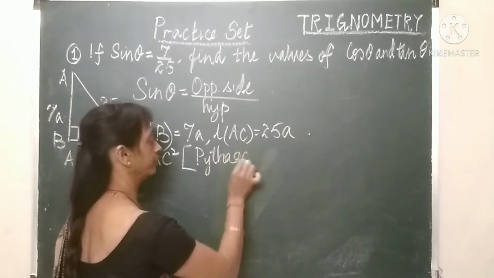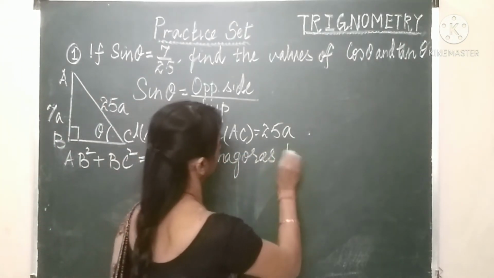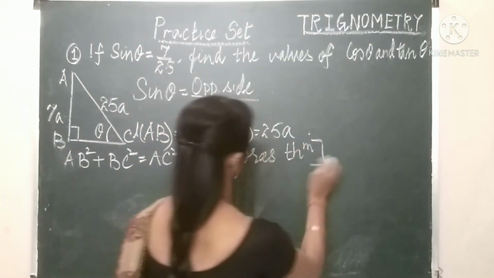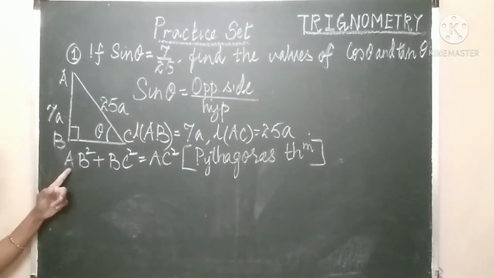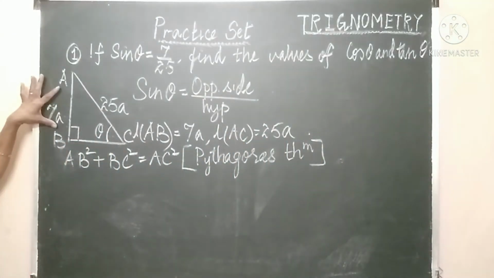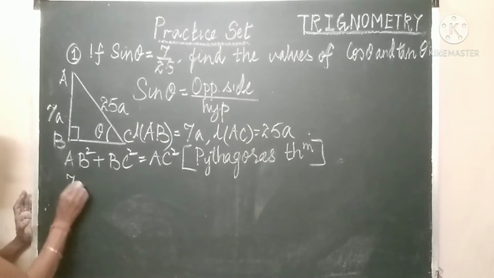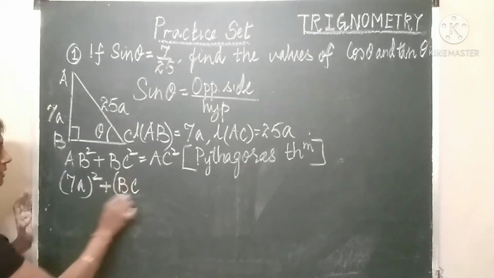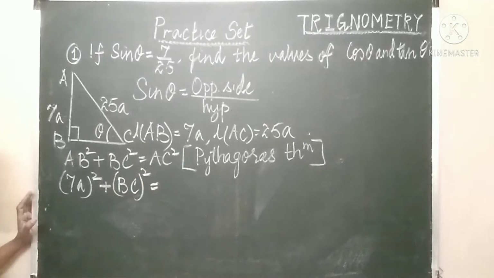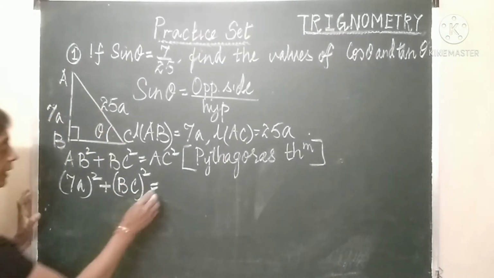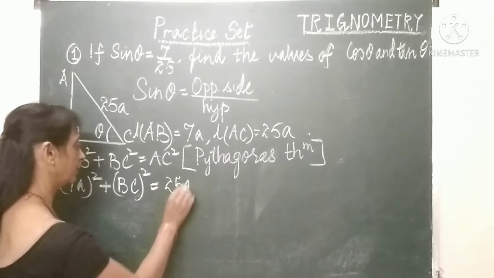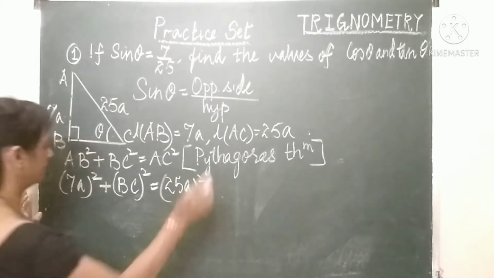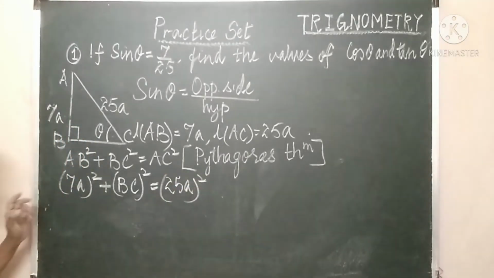Pythagoras theorem. Is AB given to us? Definitely. It is 7a. So 7a the whole square plus BC is unknown. Write it as it is. How much is AC? 25a the whole square. Let's solve it.